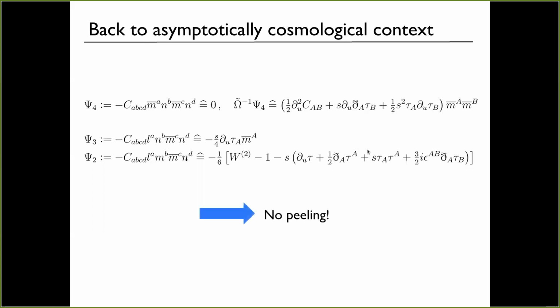So in this class of spacetimes, in this cosmological context, there's no such thing as peeling, which, I mean, that's just what it is, and it's nothing to hold against the theory. But it makes, again, studying gravitational waves and disentangling what is radiation and what is not a little bit more complicated, because a lot of our intuition is based on these peeling properties.